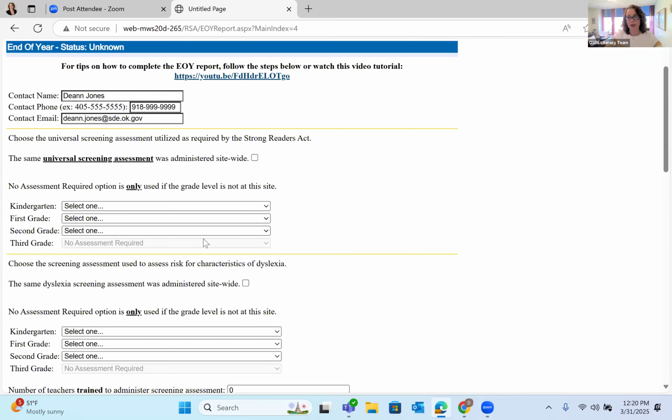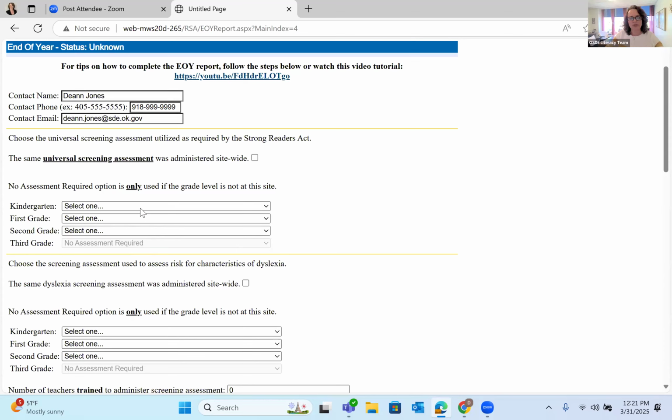And that's that way on every question on this survey. As we'll move through, you'll see that you will not have a choice for grade levels that are not served by your site. So for the district site that I'm looking at right now, this site serves K, 1 and 2. So you'll notice that the 3rd grade, it automatically put no assessment required for that grade because that grade is not being served by this site.